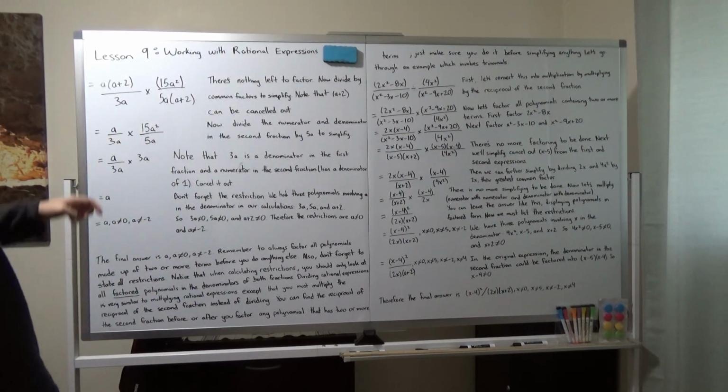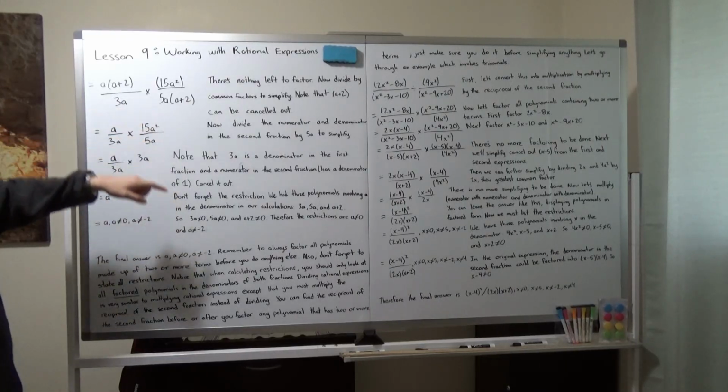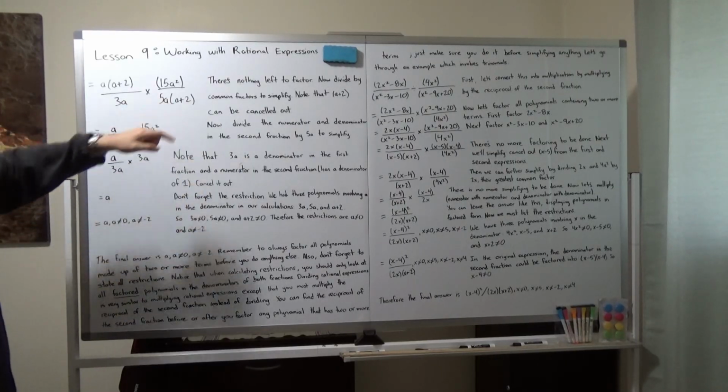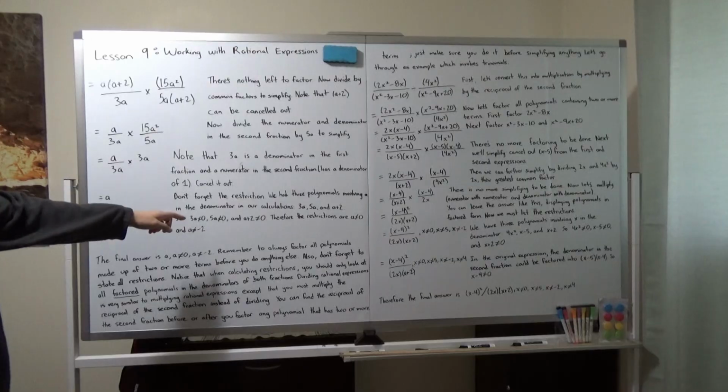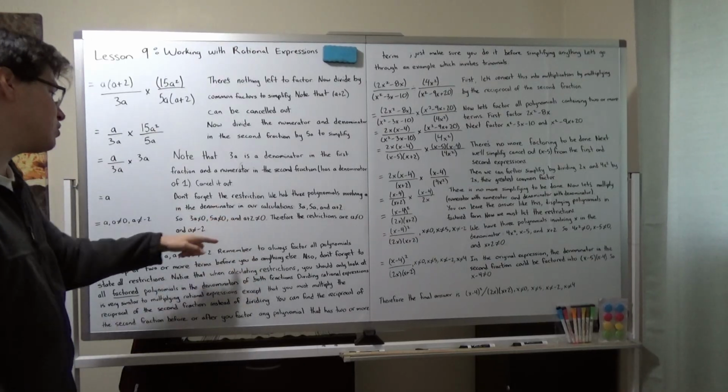So we set those equal to 0 and solve as an inequality. So 3a cannot be equal to 0, 5a cannot be equal to 0, and a plus 2 cannot be equal to 0. Now we solve for a. Therefore, the restrictions are a cannot be equal to 0, and a cannot be equal to negative 2.